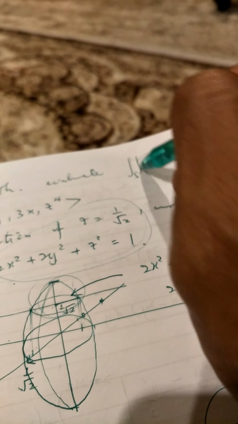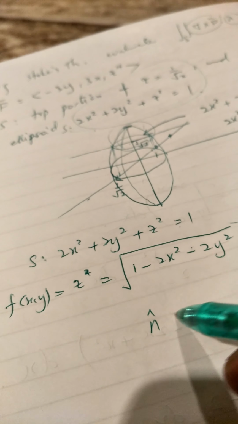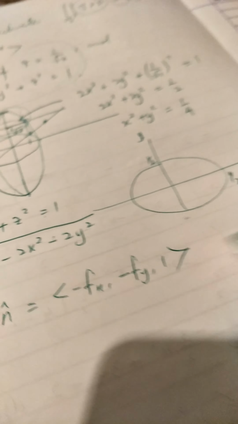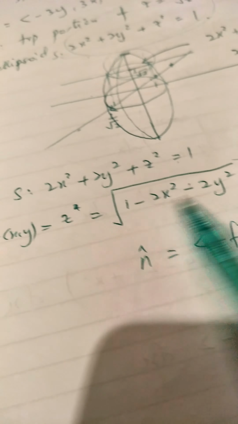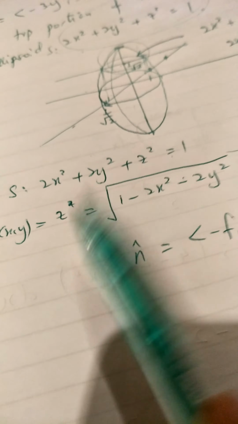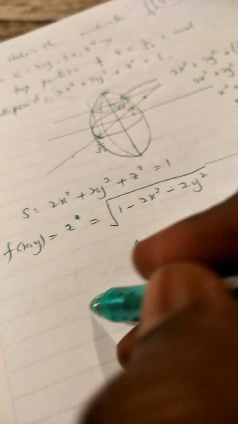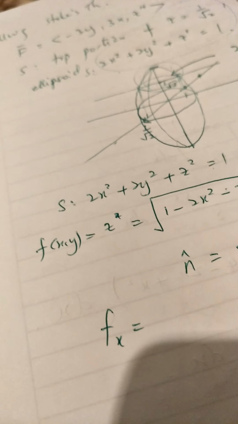Now what do we need? We need to find n. Remember what n is? I have shown earlier, n is negative fx, negative fy, and 1. So we need to find fx and fy. What is fx? We differentiate with respect to x.